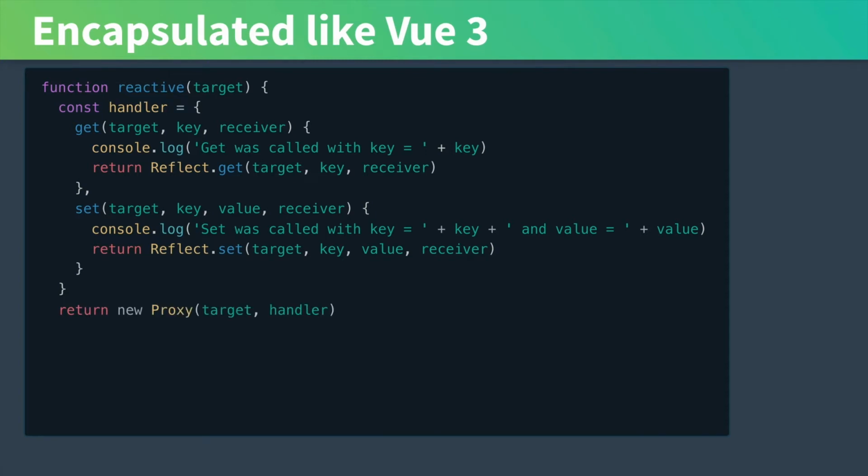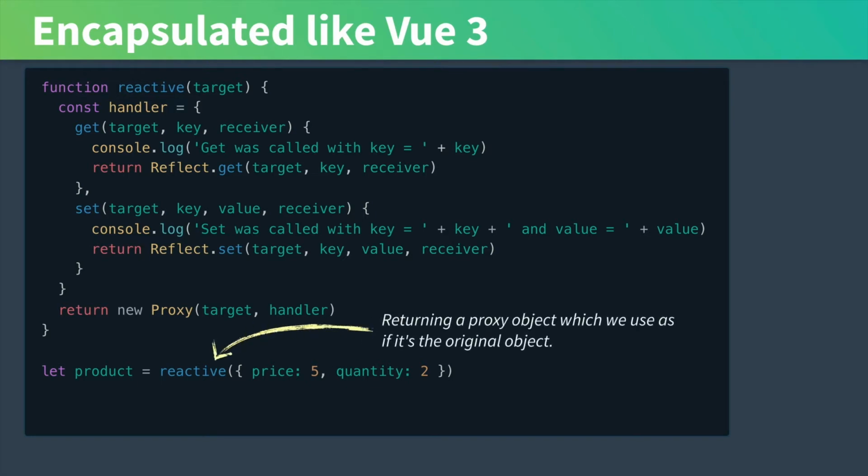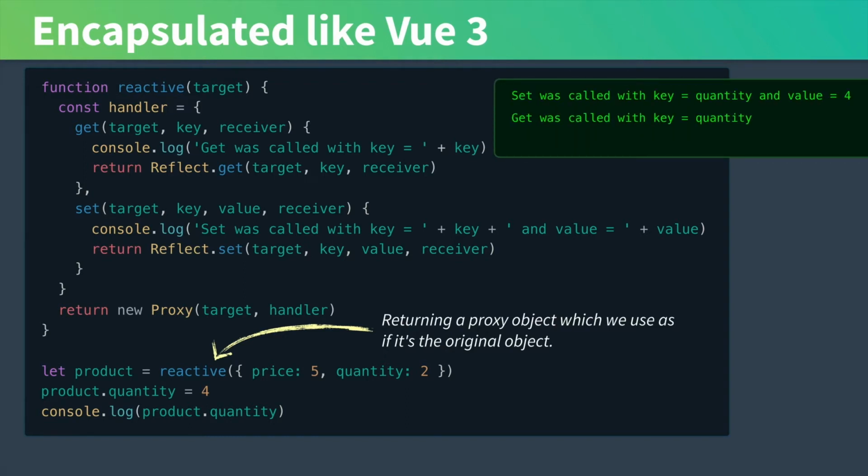And finally, we'll create a new Proxy object, sending in our target and our handler. Now, when we declare our product, we'll simply send our object into the reactive function, which returns a proxy object which we use as if it's the original object. Then we'll change the product quantity and print it out to the console. We get what we'd expect when we execute this code.